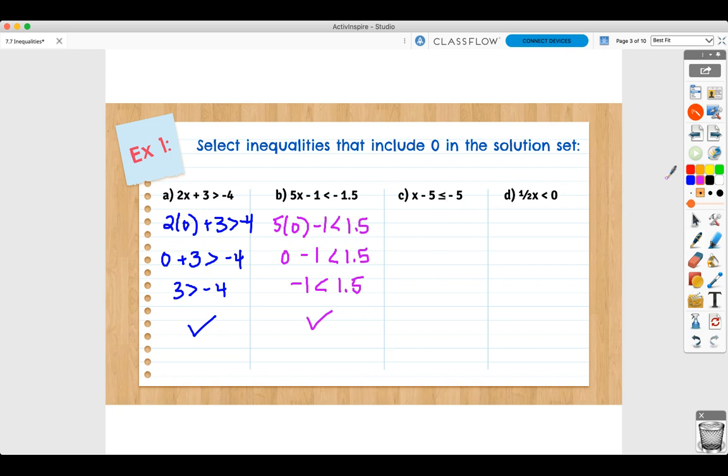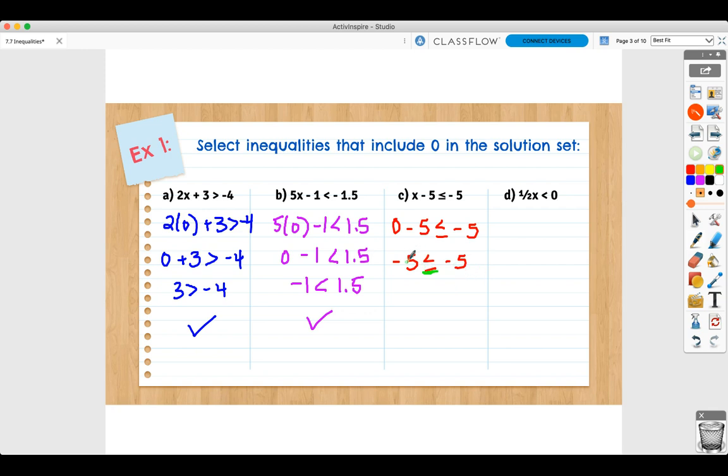Let's do another one. 0 minus 5 is less than or equal to -5. 0 minus 5 is -5. Now let's look at this. You have a -5 on the left, and a -5 on the right. Is this a true or false statement? Because we have this line underneath, that means equal to.